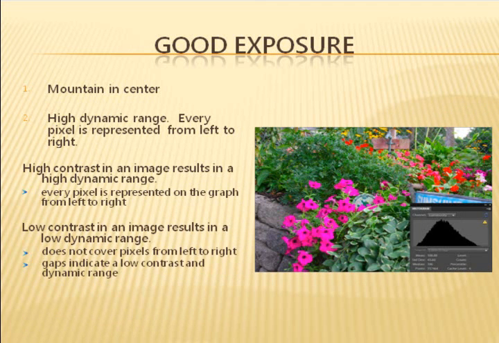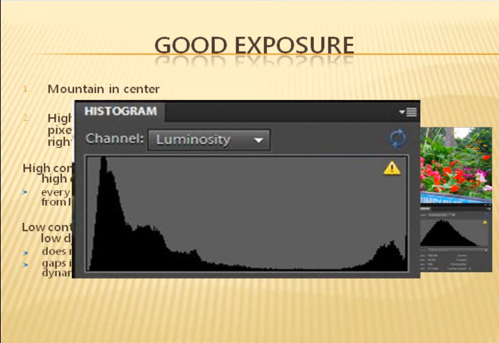Gaps indicate a low contrast and dynamic range. In this one you're going to see gaps. I had trouble finding a good example of gaps in my photos that I was going through on my computer. But here you can see there's a big slump down here in the middle. This would be considered a gap where there's almost no pixels in this area.